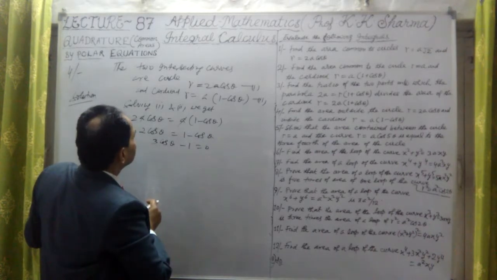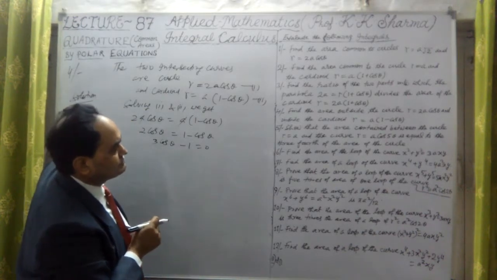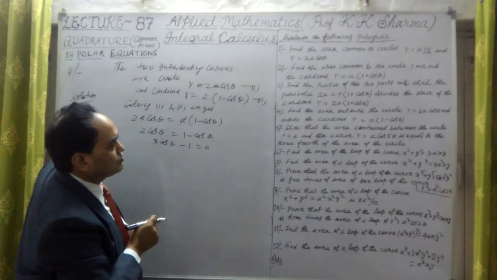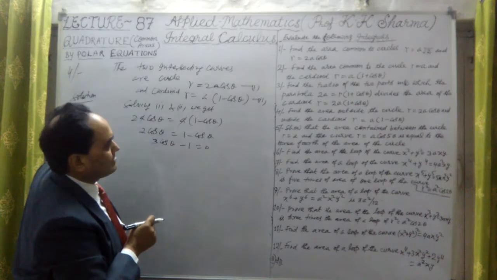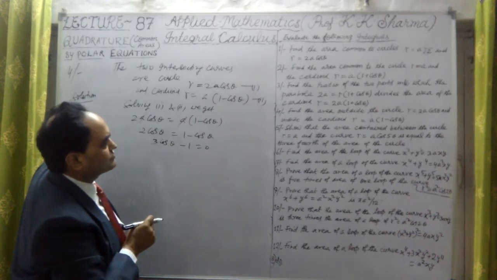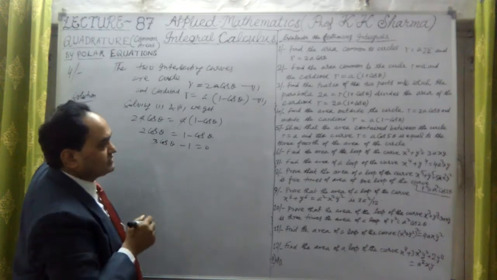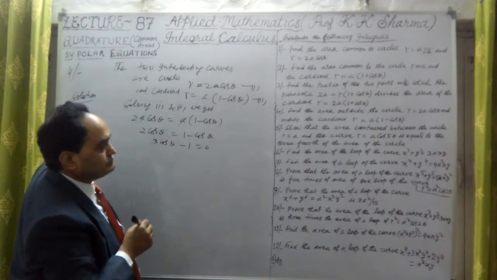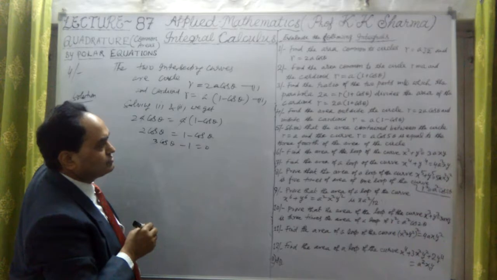Is there anything mistaken? r equal to 2a cos theta, and r equal to a into 1 minus cos theta. So a cancels out. Twice a cos theta equal to a into 1 minus cos theta, a cancels out.